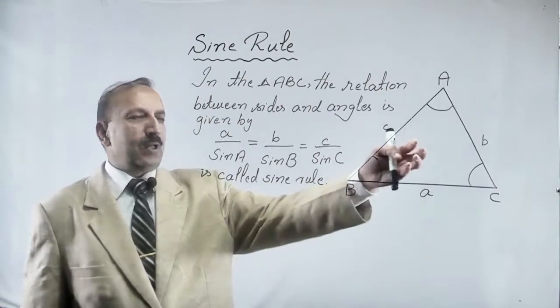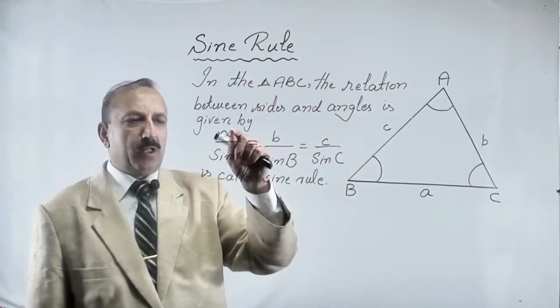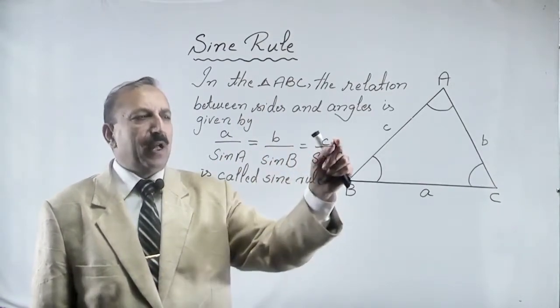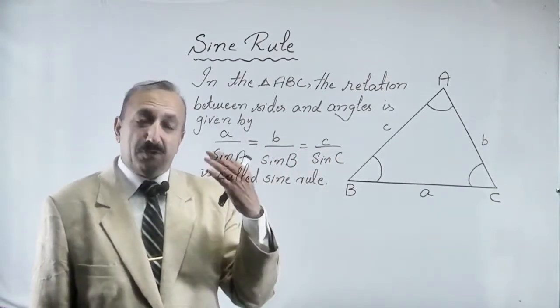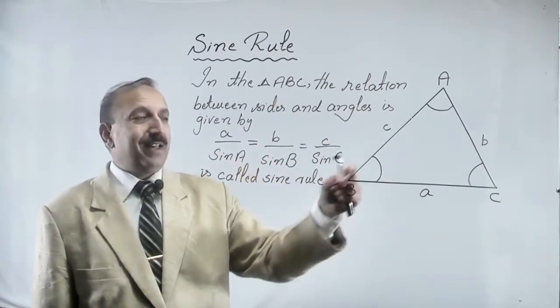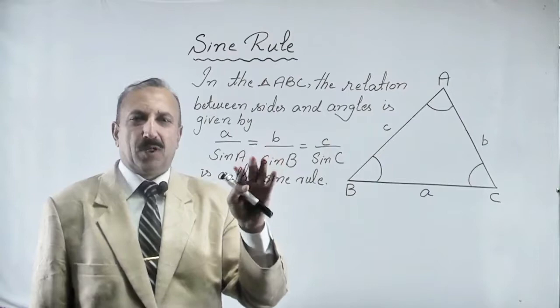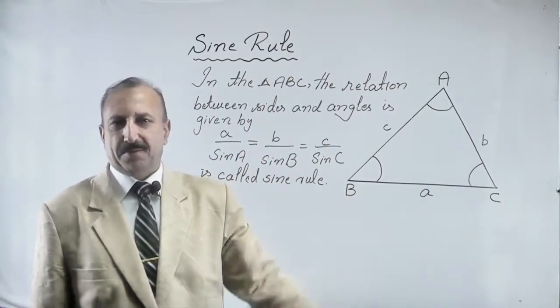So my dear students, the first one is the sine rule whose statement is small a over sine of capital A, small b over sine of capital B, and small c over sine of capital C. That needs to be learned, revise it, learn it, so that whenever you require in any triangle to find side or angle, you must recall this formula to find some unknown angle or sides.